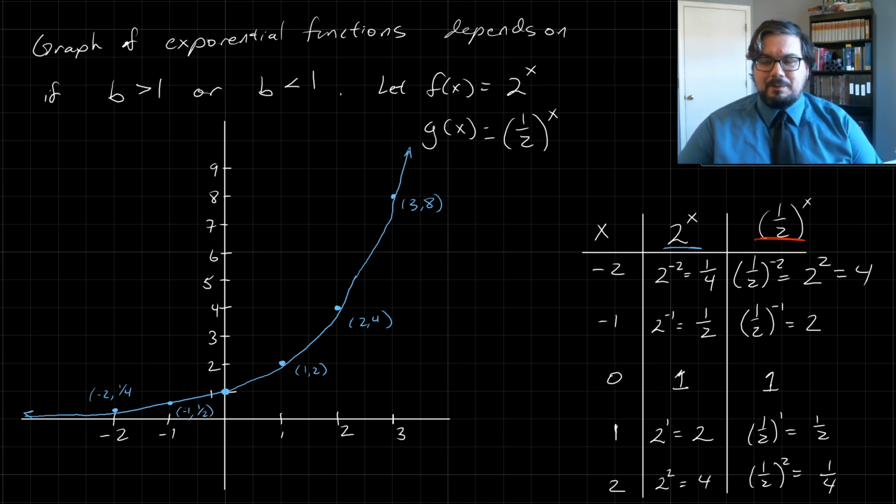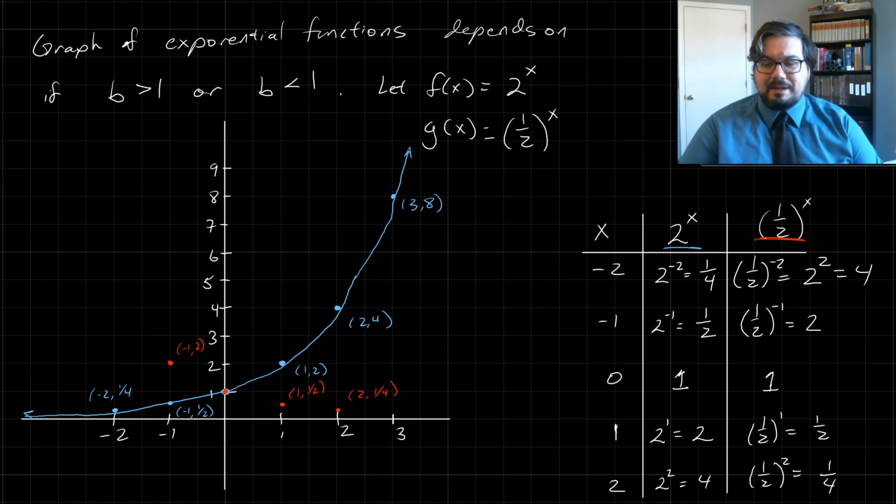So we have the following points, which are going to be similar to what we had for the blue, for f. So we have the point 1, 1/2. We have the point 2, 1/4. Going to the negatives, we've got the point -1, 2.